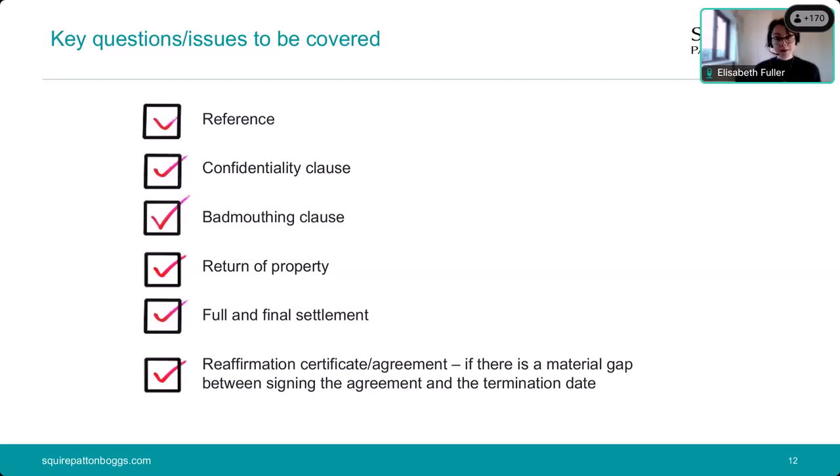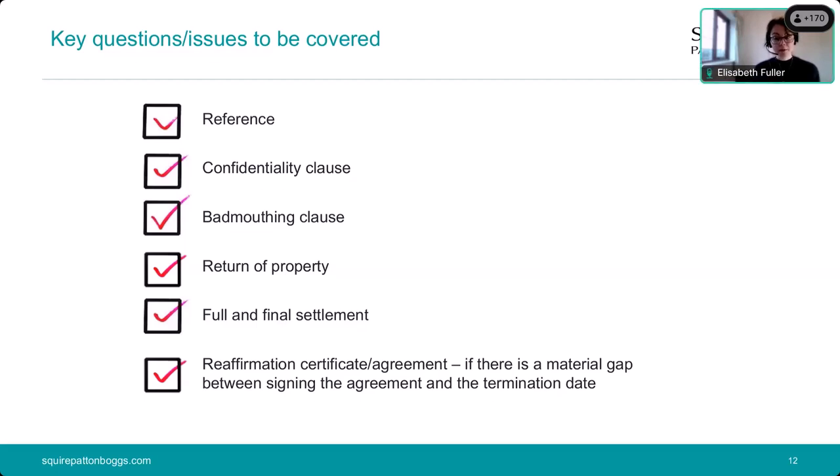If you were going to allow the employee to retain any company property post termination of their employment, then you will need to make sure that you set that out clearly within their settlement agreement. And it can sometimes be valuable to allow an employee to keep, say, a mobile phone or a company car as part of a settlement agreement, because that might come at minimal cost to the company as opposed to other things.